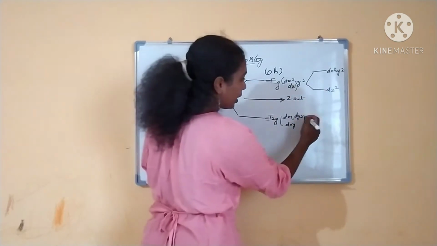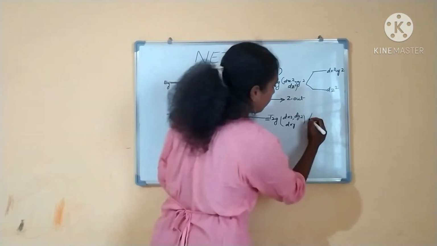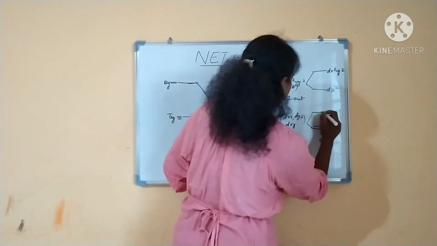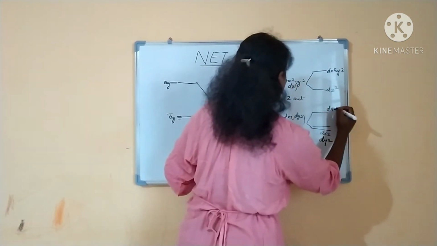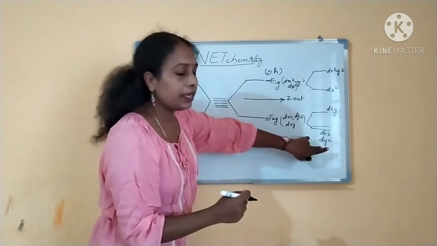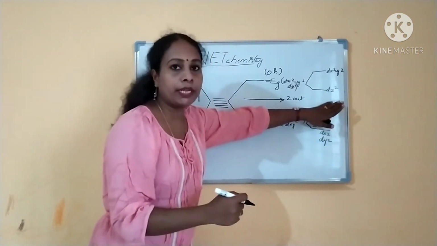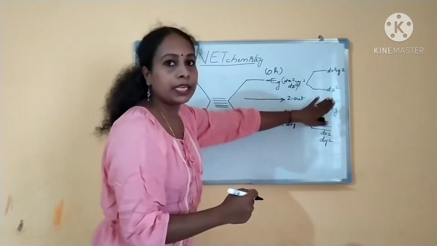This is the Z out case, and the T2G orbitals split like this: dxz and dyz come down and dxy goes up. This is the case of Z out.